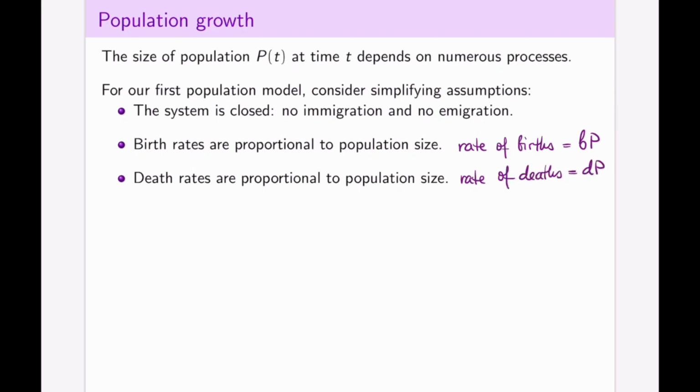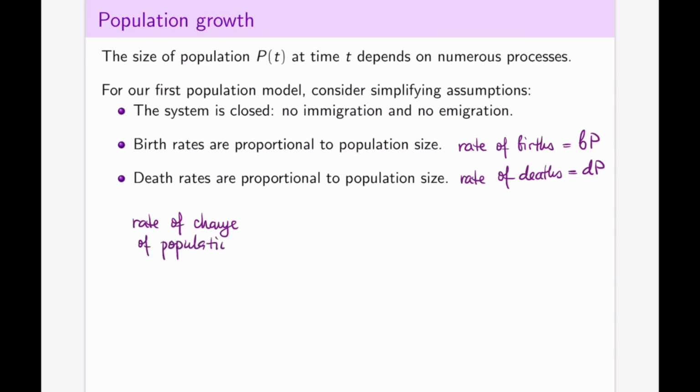More realistic population models will involve the fact that, for example, death rates are density dependent. The denser the population, the higher death rates actually are. Now, if these are the only processes that affect the population, then we can fairly quickly think about what happens to the rate of change of the population as a whole.